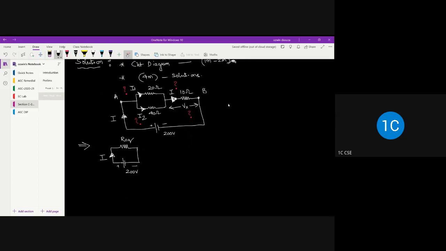Now what is R equivalent? Firstly you have 20 and 40 ohms in parallel, and that combination is connected in series with the 10 ohm resistance, so it gets added to the 10 ohm. So R equivalent is 20 into 40 divided by 20 plus 40, plus 10 ohm.